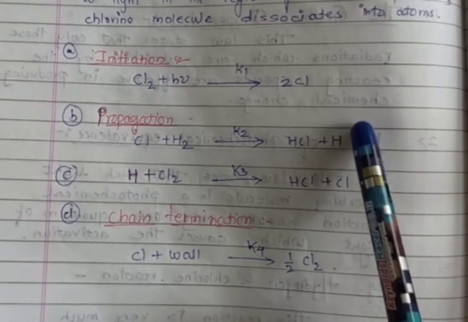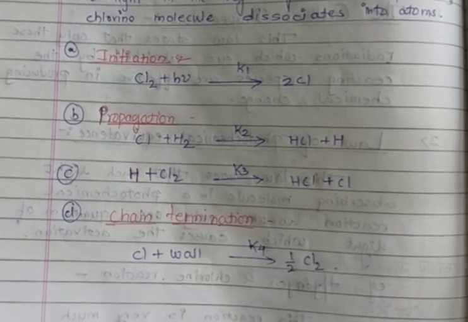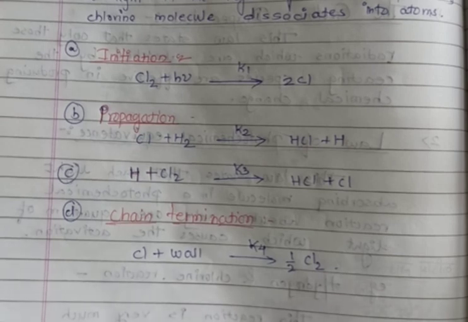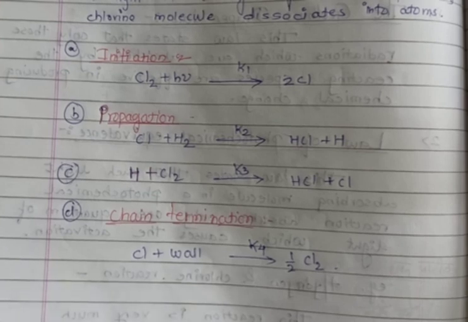Before that, we have to find out the intermediates in these reactions. Already I have told you how to identify an intermediate in a reaction. See, an intermediate is the species which is formed in one step and utilized in the next step.